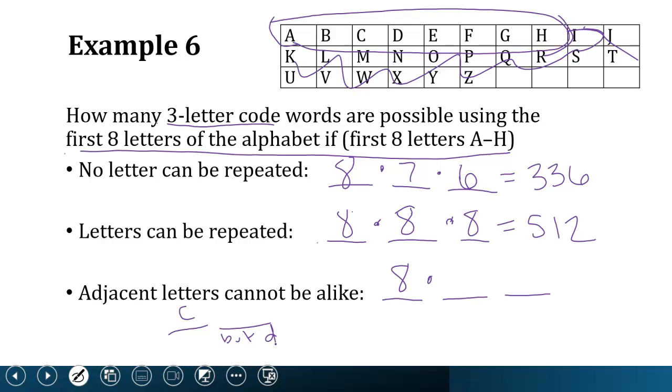So cross D out. 1, 2, 3, 4, 5, 6, 7. 7 choices. So maybe my next one, I choose A. So that means the next letter can be everything but B. So the D is back, and it cannot be B. So 1, 2, 3, 4, 5, 6, 7.